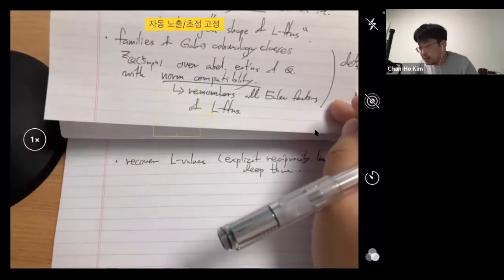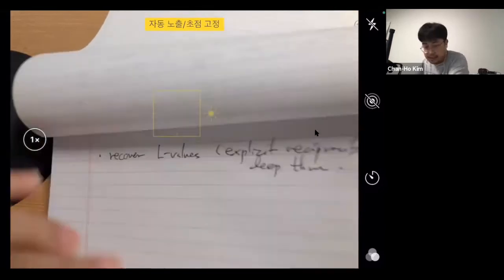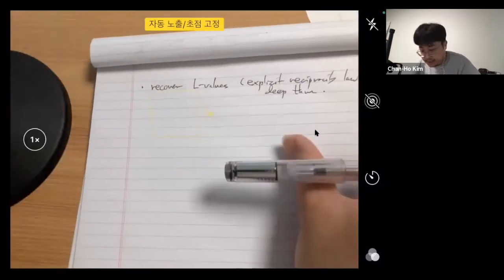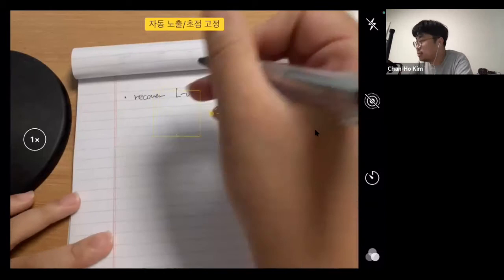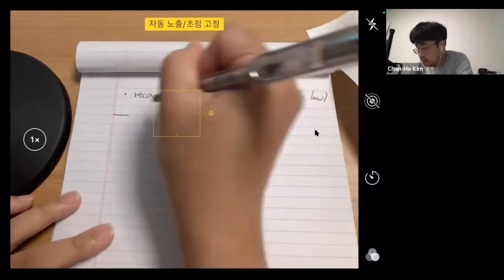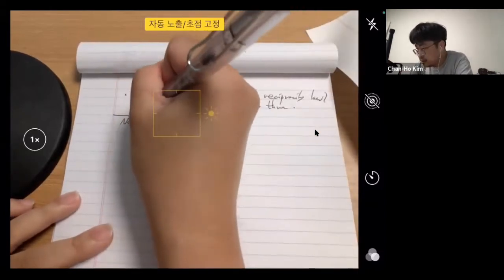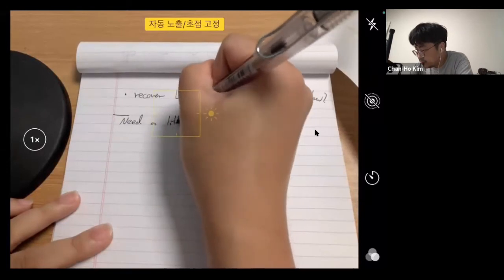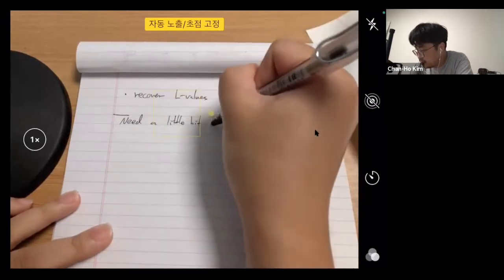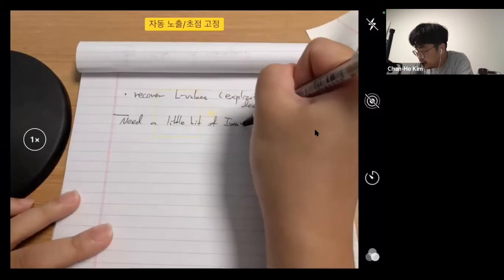So from now on, I need to explain a little bit of Iwasawa theory.